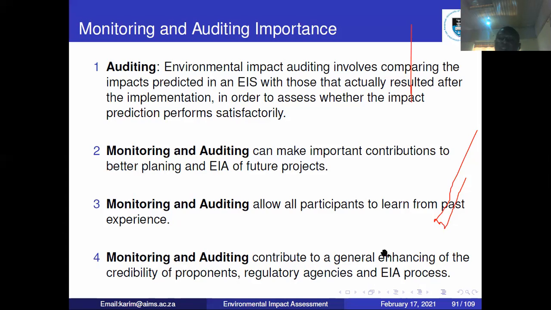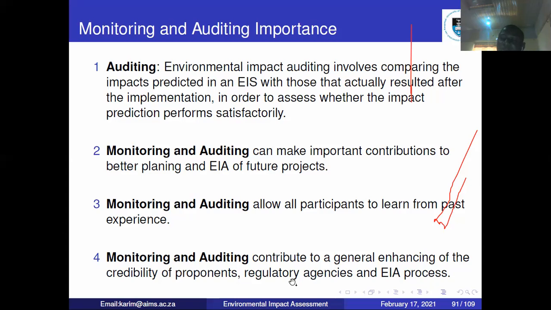assessment process. So now, this is key because assuming you decide to write your environmental impact assessment report, and then people just sit down, take their beer, what have you, and then they just approve it. You start the project, and all of a sudden there is trouble.